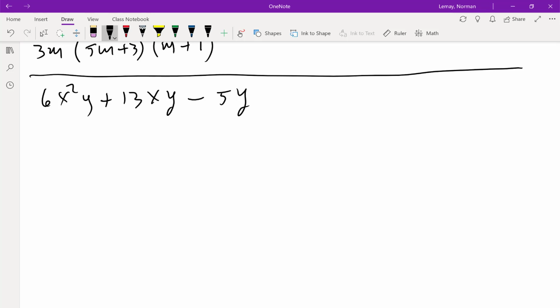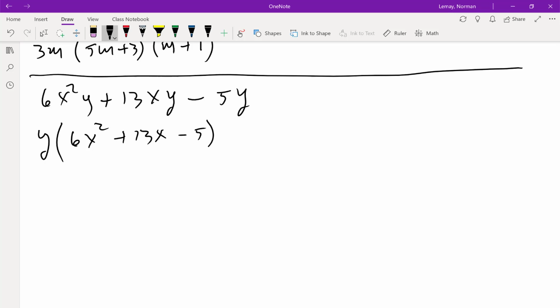Okay. So again, I'm noticing that as far as numbers are concerned, there is no common factor in the number. And as far as the letter is concerned, I've got a y, so I'm going to pull my y out, which leaves me with 6x squared plus 13x minus 5.